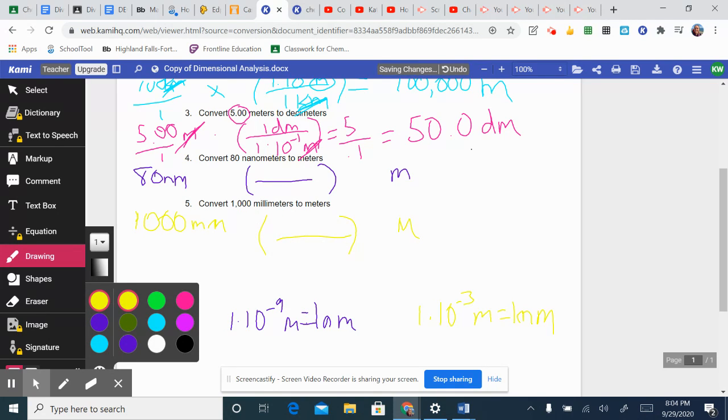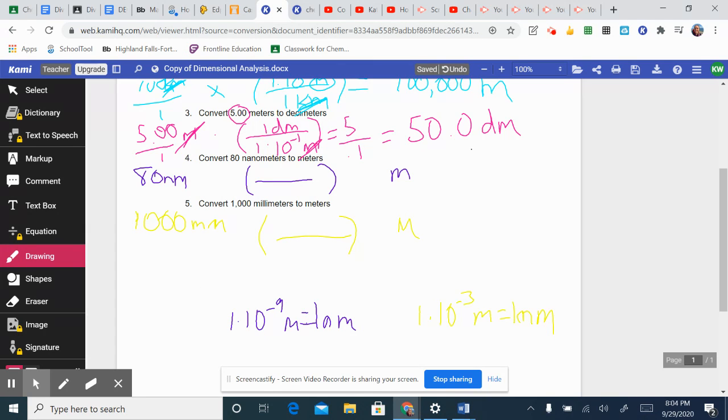So for number 4, 1 times 10 to the negative 9 meters equals 1 nanometer. You want to have 1 nanometer on the bottom so that units of nanometers cancel. And you're going to have 1 times 10 to the negative 9 meters on top. And so when you multiply this, you're doing 80 times 1e negative 9.